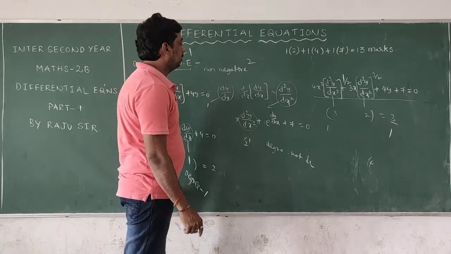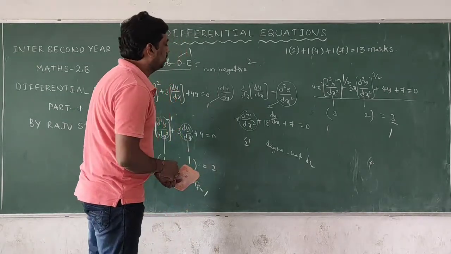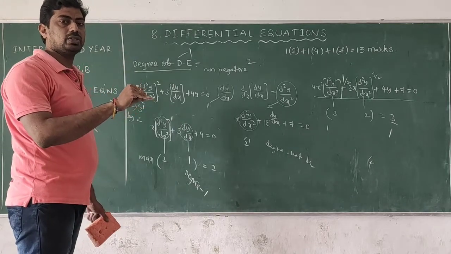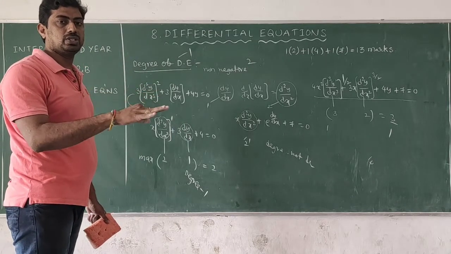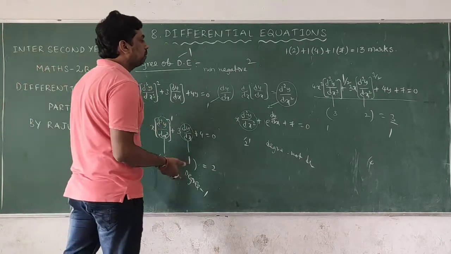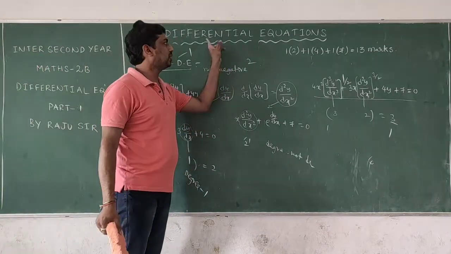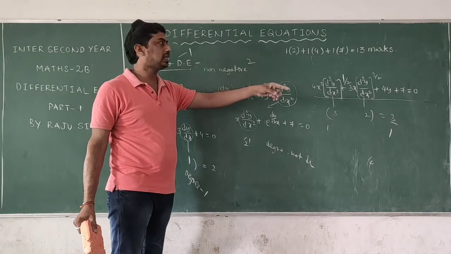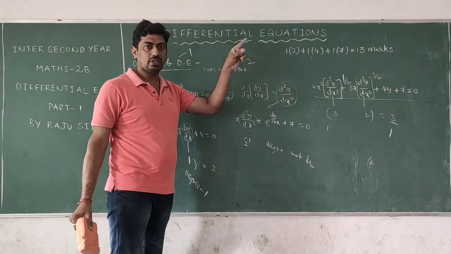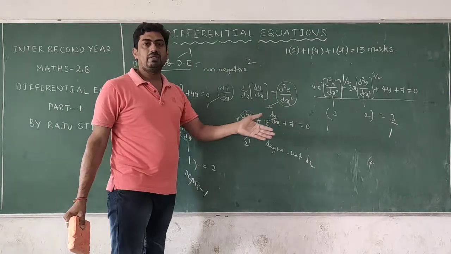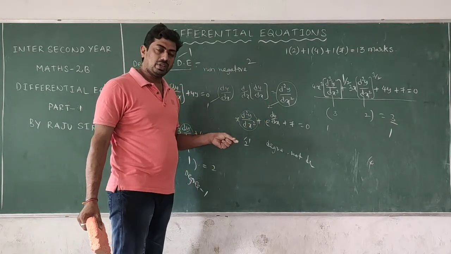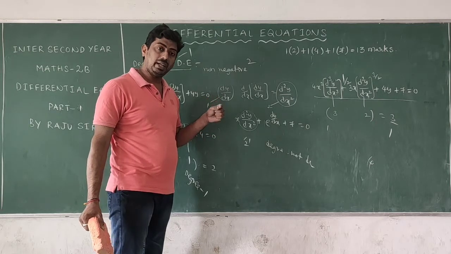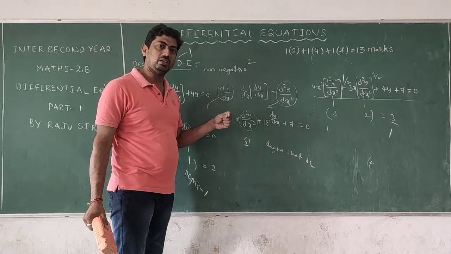Before going to write the notes, just observe once. I am again explaining the definitions of the degree and order of the differential equation. First, a differential equation means an equation involving derivative terms. Such an equation is said to be a differential equation. Second, the order of the differential equation means the maximum order of the derivatives involved in the given equation.